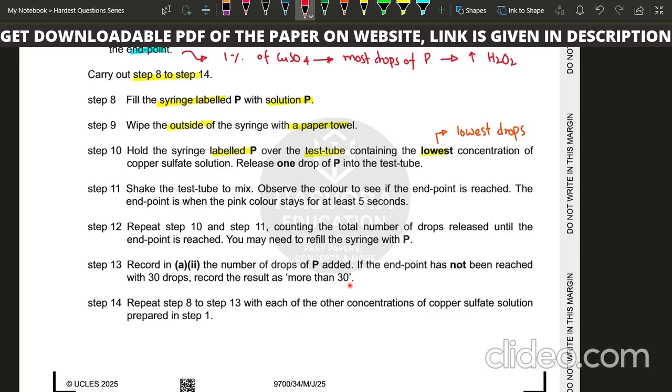So you will be starting off with the test tube with the lowest concentration of copper sulfate. This means that you will start with 0.0625% and release one drop at a time of P into the test tube.